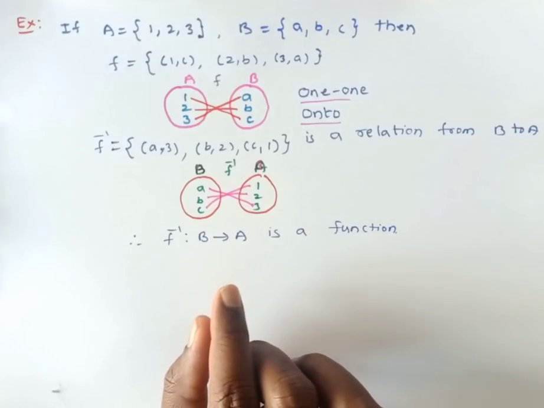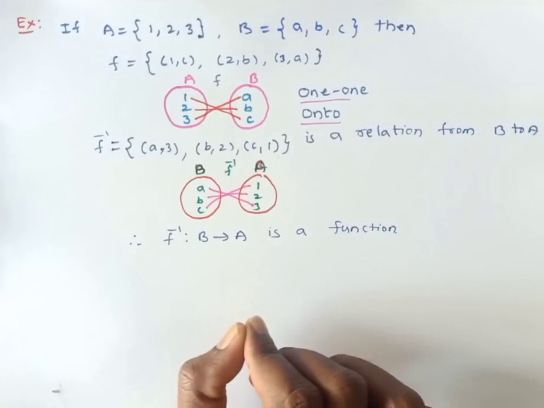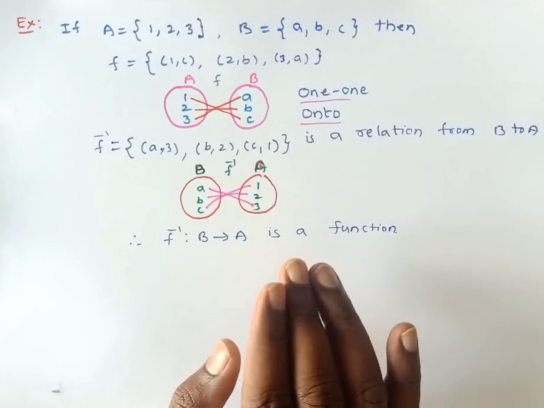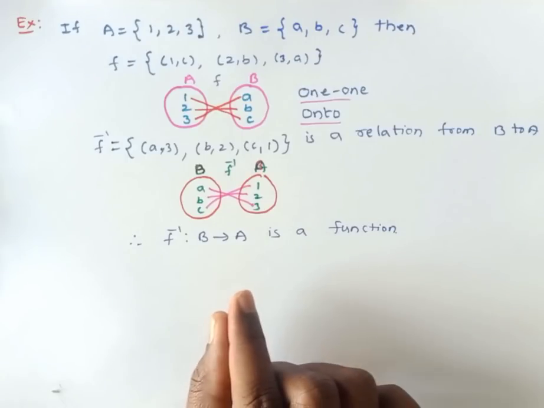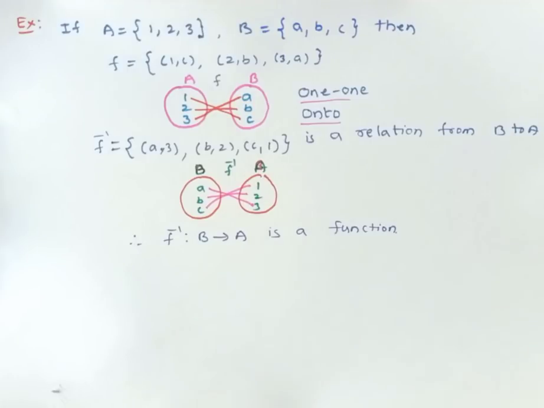If F is only onto, then F inverse is not a function. If F is both one-one and onto, then there exists an inverse function from B to A. So the minimum condition for the inverse relation to be a function is that F is a bijective function.